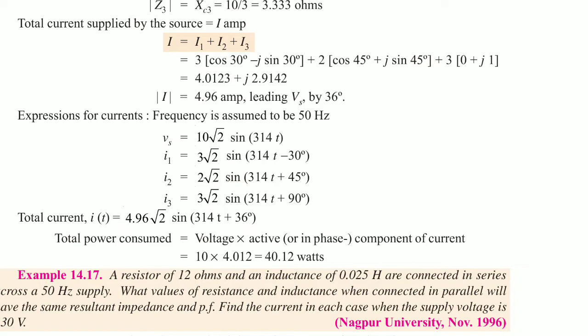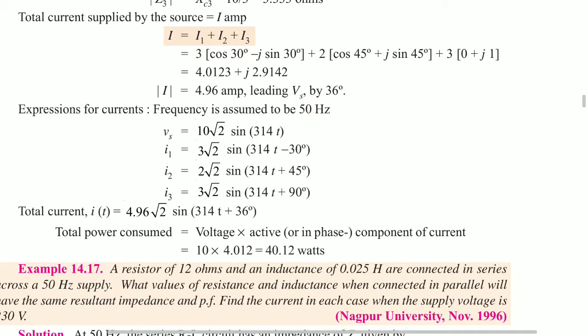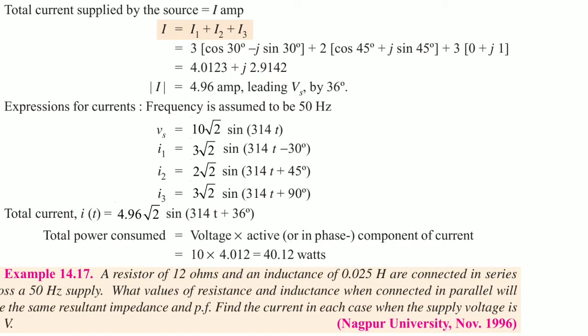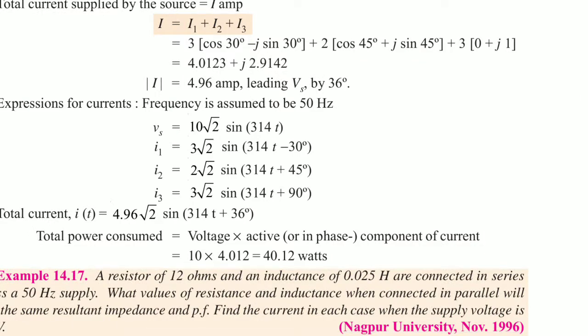So now writing the instantaneous equations for the source voltage, the currents I1, I2, I3 and the resultant current. How can we write the instantaneous equation in general? Vs is Vm sine omega t.